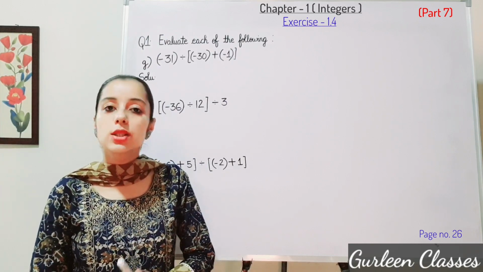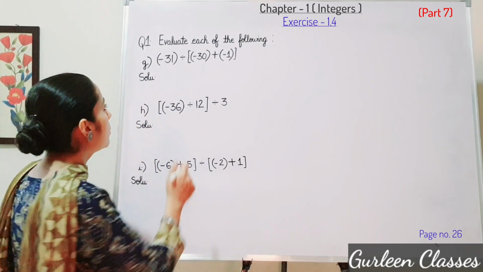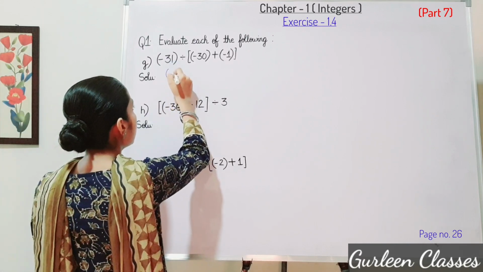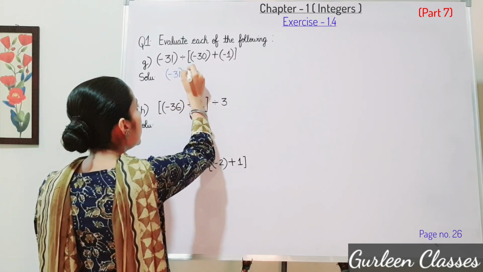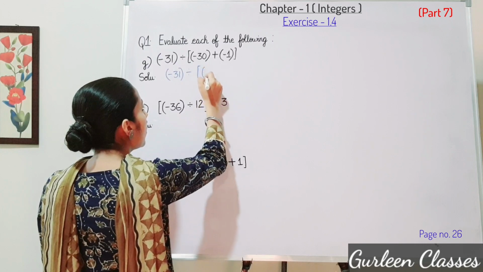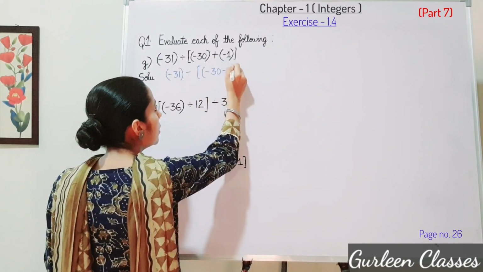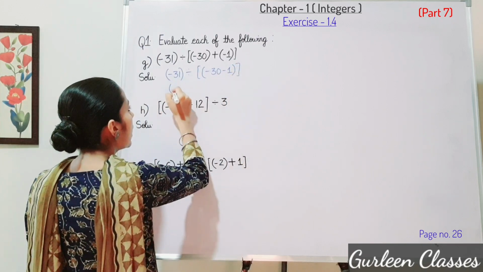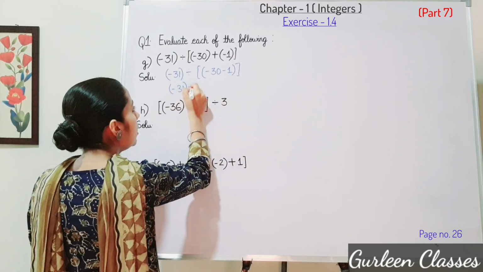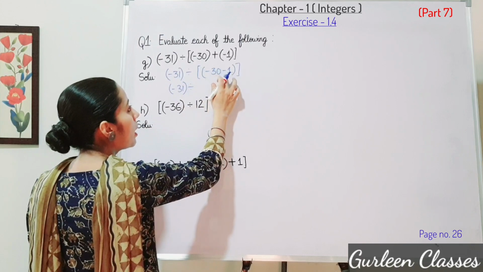So first step is to solve the bracket. So let us solve the bracket here. Minus 31 divided by minus 30 plus minus 1. So right here, minus 31 divided by minus 30 minus 1.